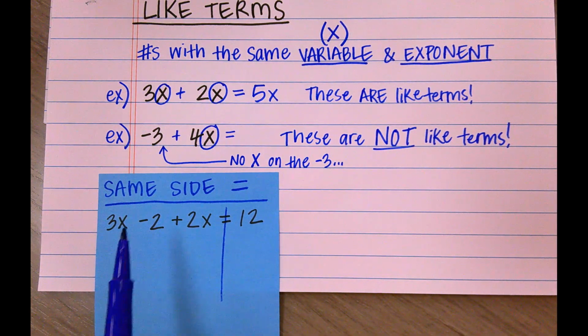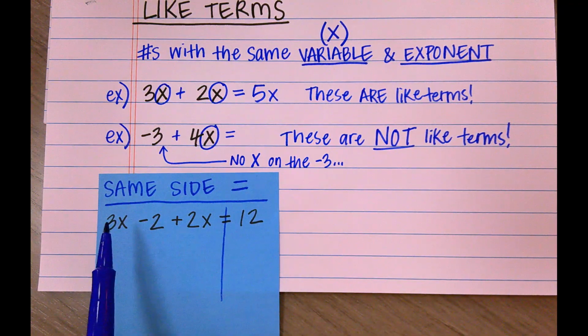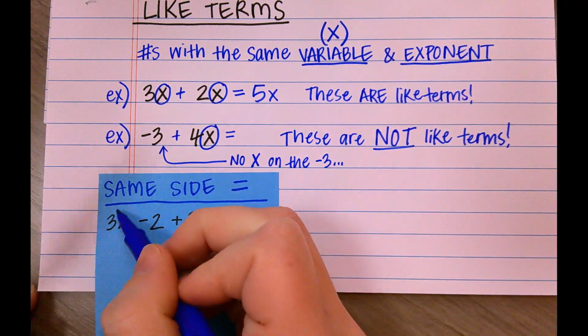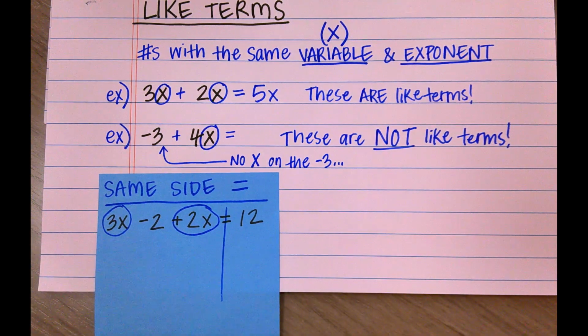Whenever I have an equation where my like terms, the 3x and the 2x, are on the same side of the equal sign, we combine them by just adding them together.